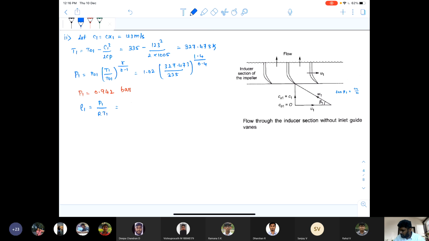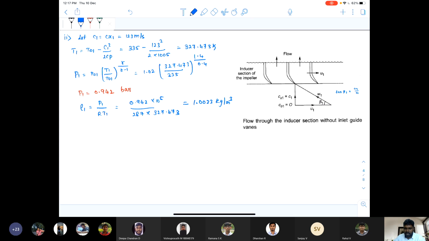We know that the value of P1 is 0.942 into 10 to the power of 5, divided by R, which is 287, into the value of T1 we have found as 327.473. By calculation you can get the value of rho 1 as 1.0023 kg per meter cube.